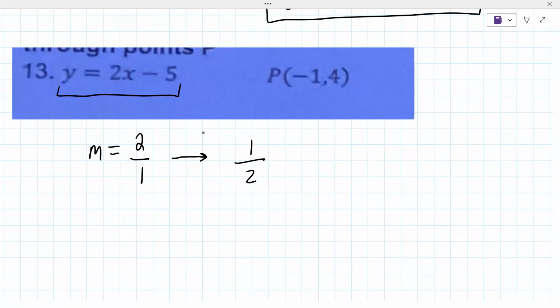Anything else you'd like to add to that? Negative 1/2. Feel like I'm ordering at a restaurant. You just order at the restaurant. Yes, good.